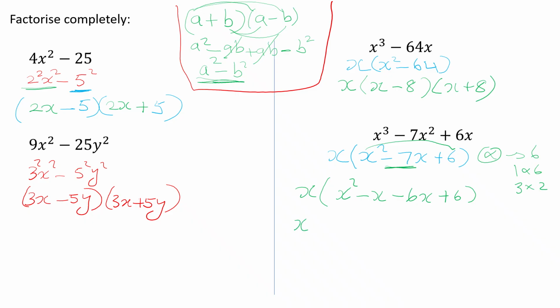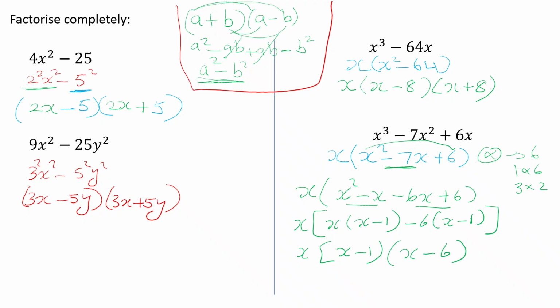So again, I'm going to factorize: x times (x minus 1) and negative 6 times (x minus 1). (x minus 1) times (x minus 6).